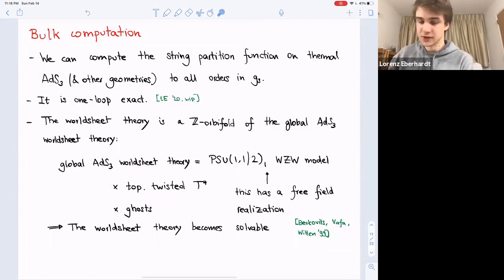Then there are some free fields for the torus, and there are some additional ghosts. And morally, this is quite a simple model. It's actually quite complicated, but morally it's very simple because this WZW model has a free field realization. So everything is free fields on the worldsheet. And so morally, because of that, the worldsheet theory becomes solvable, and you can compute many, many things.